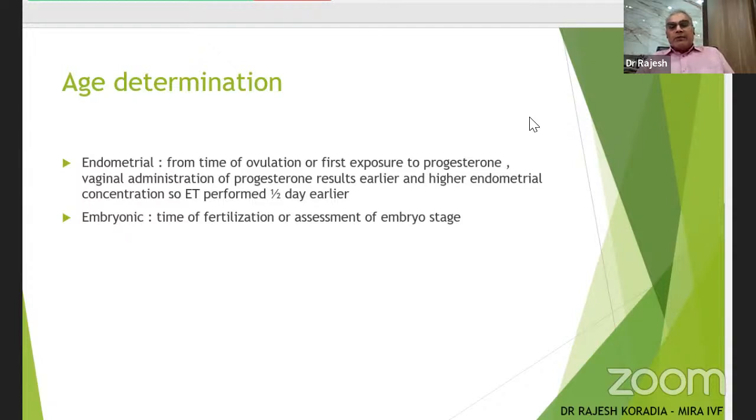Practically, we take this information in such a way that when you are starting vaginal progesterone, at least you should not delay a transfer beyond a specific stipulated period. And the embryonic age starts from the time of fertilization or assessment of the embryo stage.